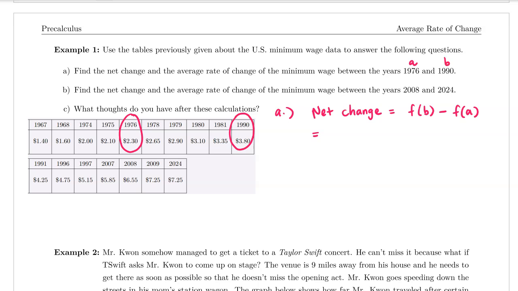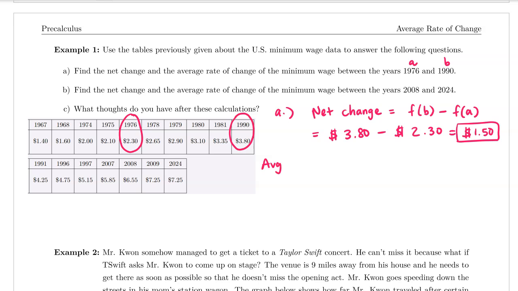If we plug b into our function, the output value would be $3.80. And if we plugged in a, which was 1976, our output value would be $2.30. So if I subtracted those, we'd find that our net change is $1.50.